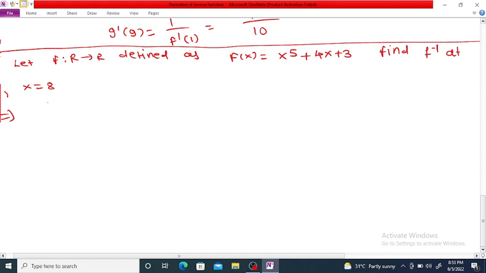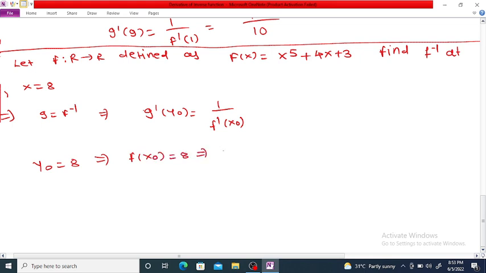If we write g is equal to f inverse, then by using the above formula, g dash of y0 is equal to 1 divided by f dash of x0. Here y0 is given, y0 is 8. So we want to determine x0 such that f of x0 is equal to 8, that is x0 raised to 5 plus 4x0 plus 3 is equal to 8.